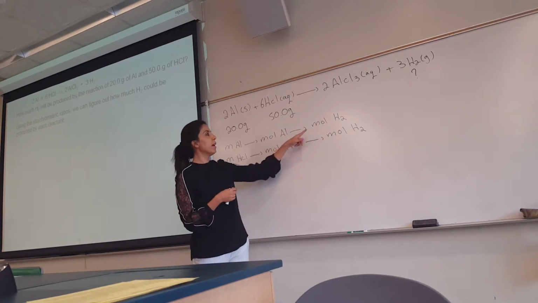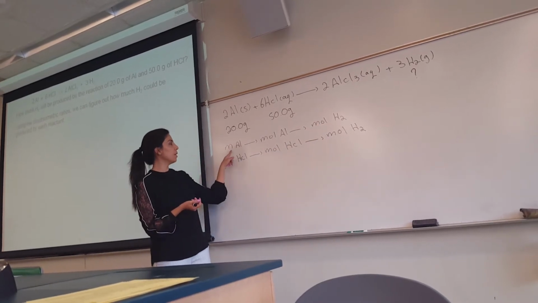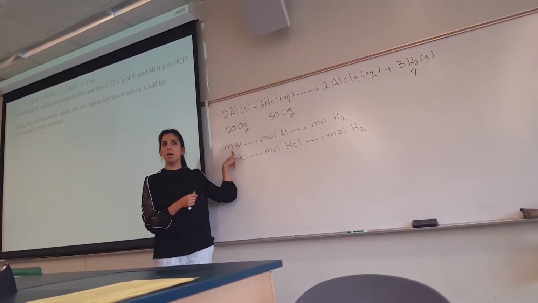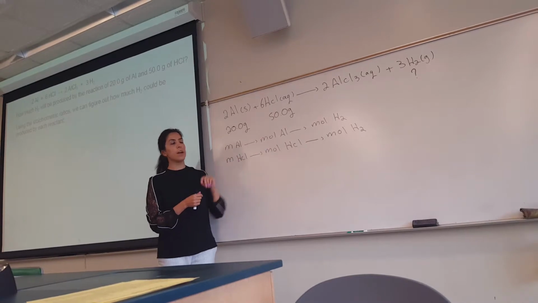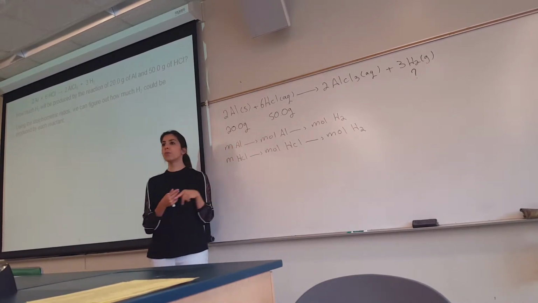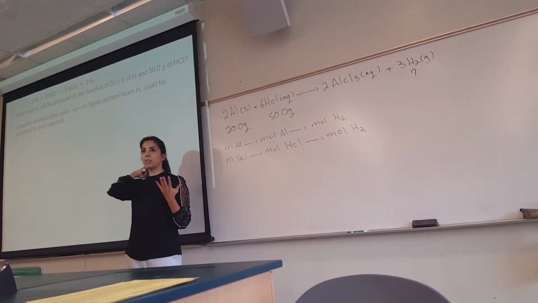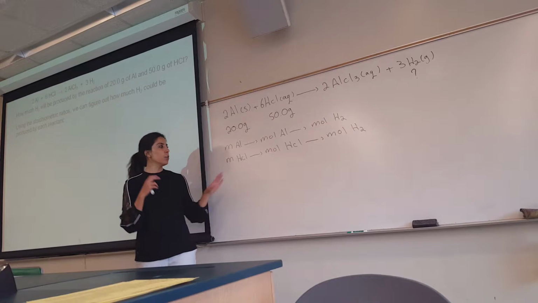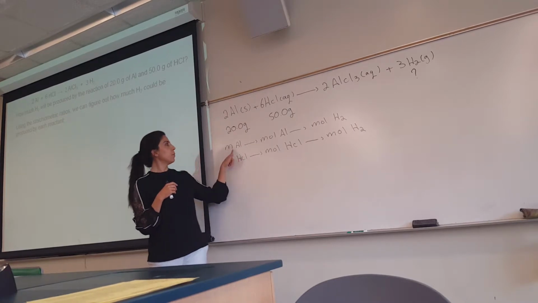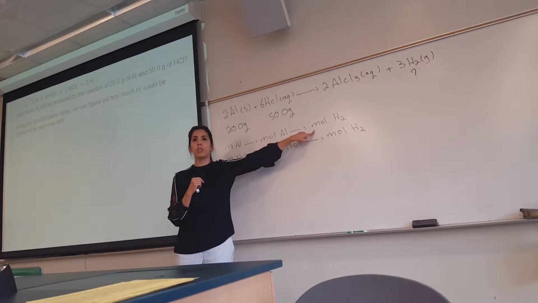So let's find out how much hydrogen gas we can get, assuming that all the aluminum is consumed, and how much hydrogen gas would be produced, assuming all the hydrochloric acid is consumed. And from there, we decide if they are in a stoichiometric ratio or not. So how about you all try with me? Start with 20 grams of aluminum and tell me how much hydrogen gas you would expect to get.